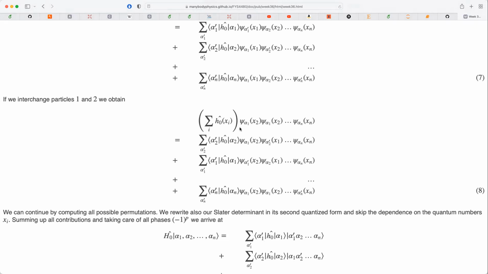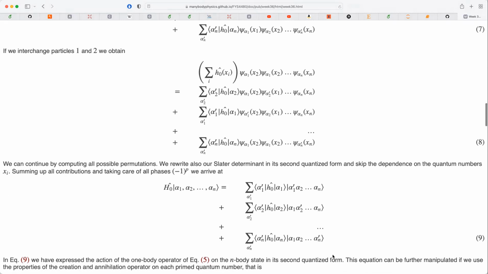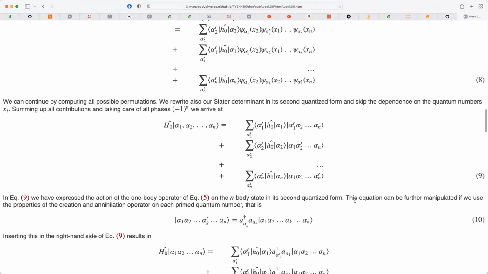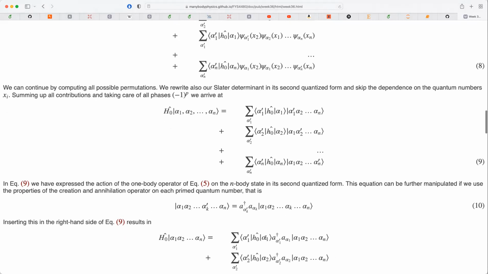So you could think of this term here as containing all the actions which we have on this specific determinant. So this is now a Slater determinant. And then when you add up here, keeping in mind that these equations can be further manipulated using the properties of the creation and annihilation operators, we can rewrite every term in this sum in terms of just this matrix element, and then we have the Slater determinant and the creation and annihilation operators.